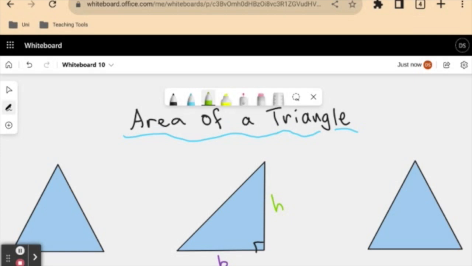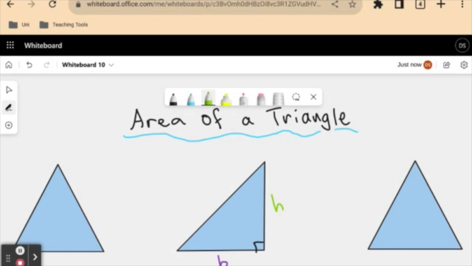So, from what we know about quadrilaterals, you may intuitively want to say, well, I know from what we did with quadrilaterals that for basic introductory ones, we multiplied the two main parts we knew. So we multiplied the base times the height. Now, you wouldn't be wrong in intuitively suggesting that.